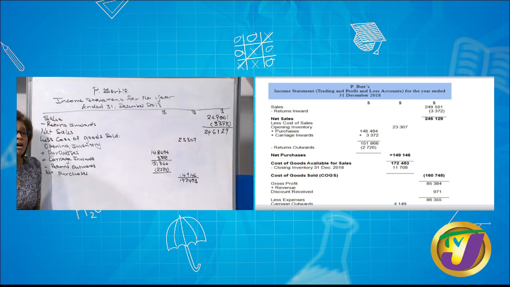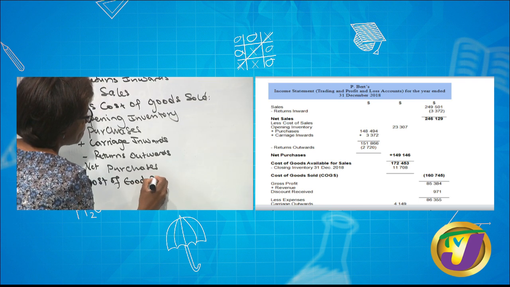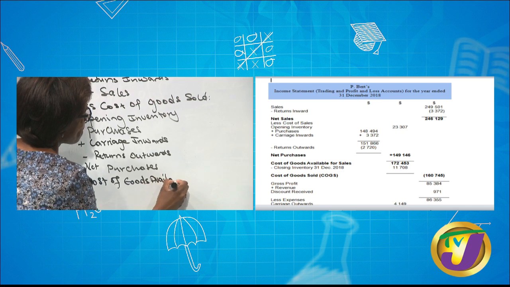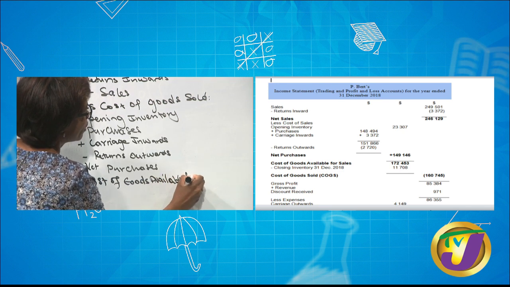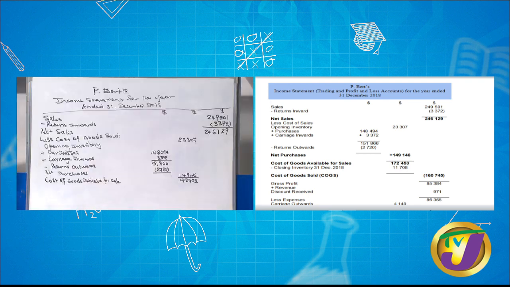All right, and this 172,453, students, represents our cost of goods available for sale.